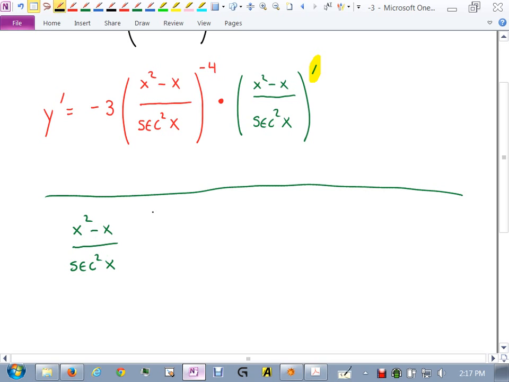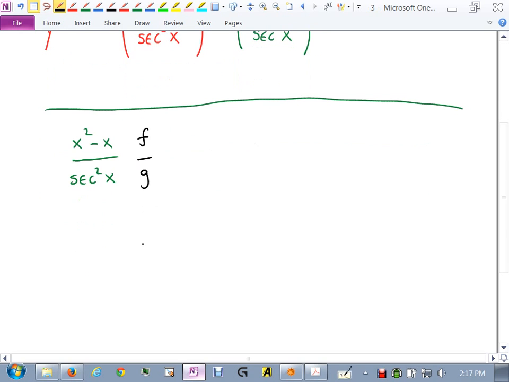Write this as f over g. The derivative of this will be f prime g minus g prime f over g squared. I'm going to write f down on the side. F is x squared minus x.